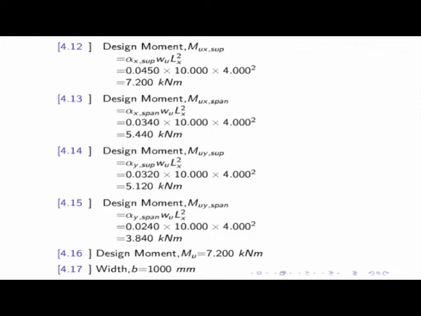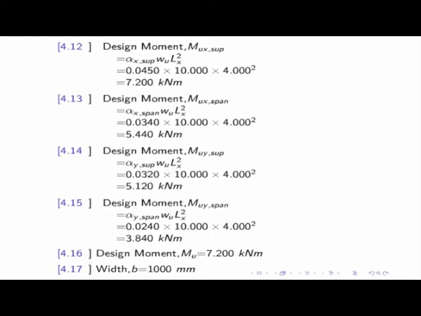So I am getting these values. First I am getting Ly by Lx, and then on the basis of which particular panel, I can find out the values of alpha x support and span, alpha y support and span, and immediately I can find out the design moment, how much we are getting here.